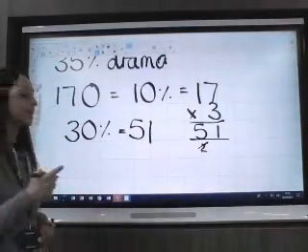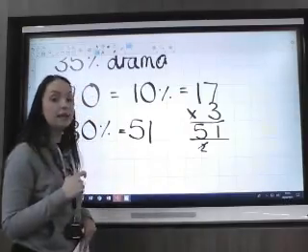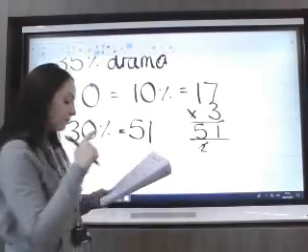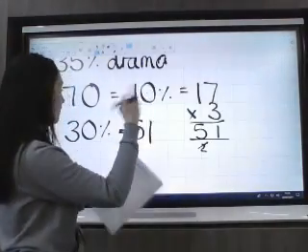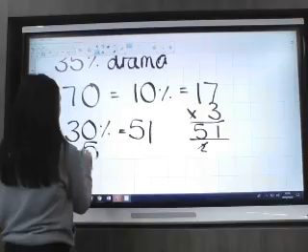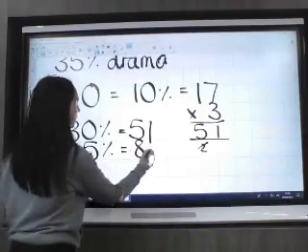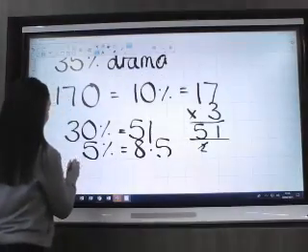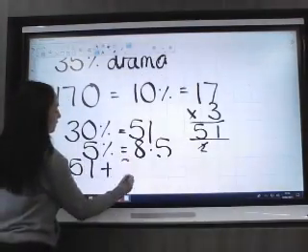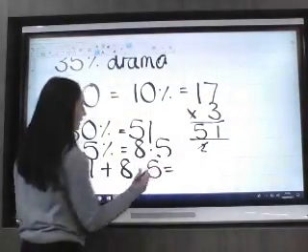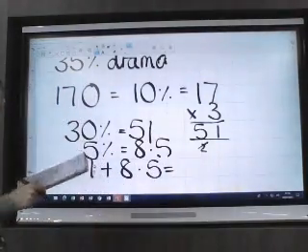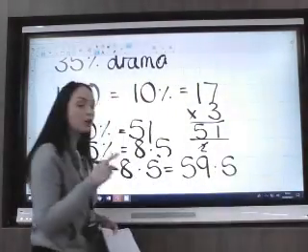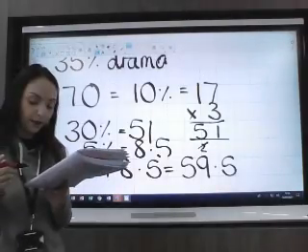And then we need 5%, don't we? 10% is 17, so you need to do half of 17 and add it on. Half of 17 would be 8.5, wouldn't it? Then 51 add 8.5 would be 59.5, wouldn't it? And that's 35%.